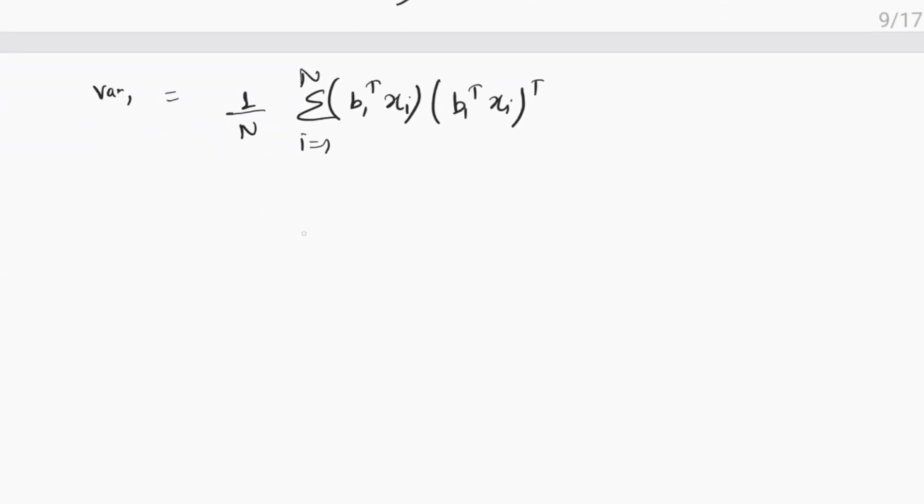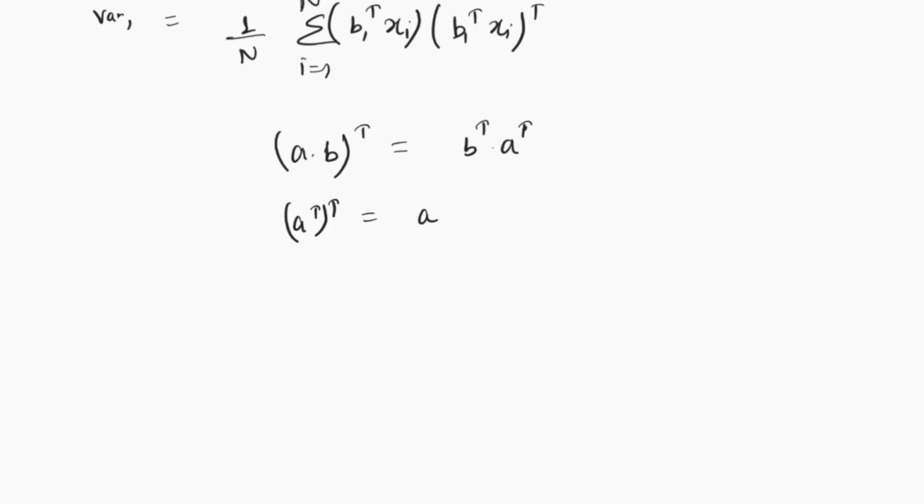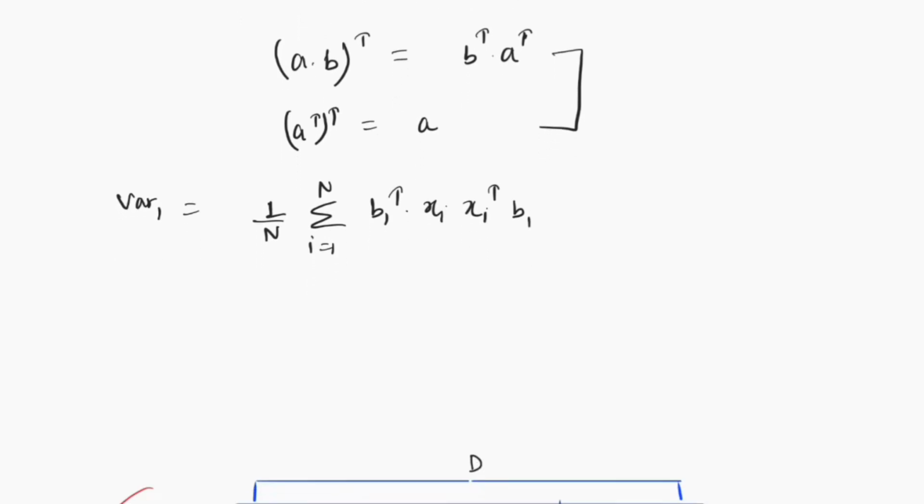You know the property of transpose: if you do the transpose of a dot b, it opens up as b transpose dot a transpose. And if you take the transpose of a transpose, it becomes a itself. Utilizing these two properties, we can write variance 1 as 1 by n, summation from i equals 1 to n, of b1t xi, then xi transpose b1.